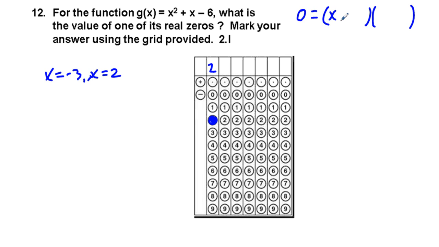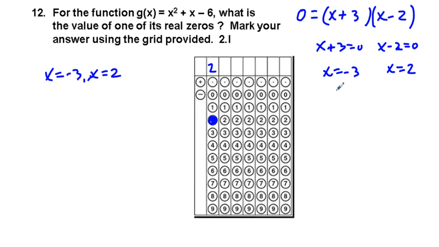So we're going to have x plus 3 times x minus 2. So if we set x plus 3 equal to 0, we get x is equal to -3. And if we put x minus 2 equal to 0, we get x is equal to 2. So either one of these.